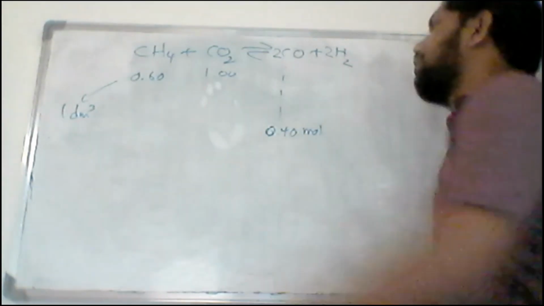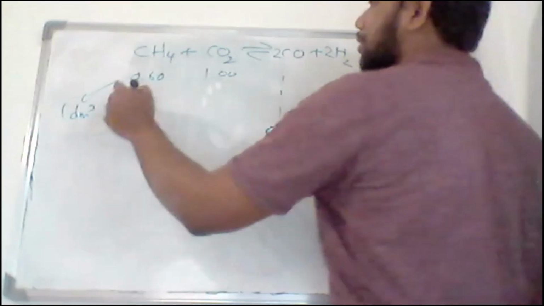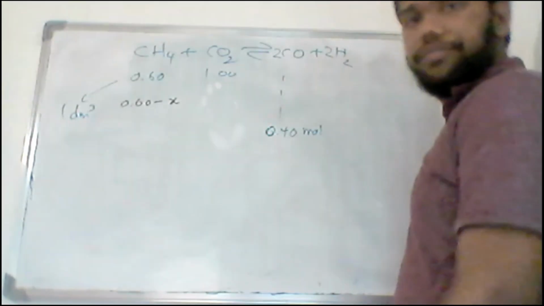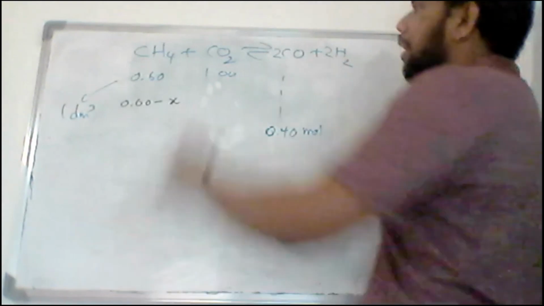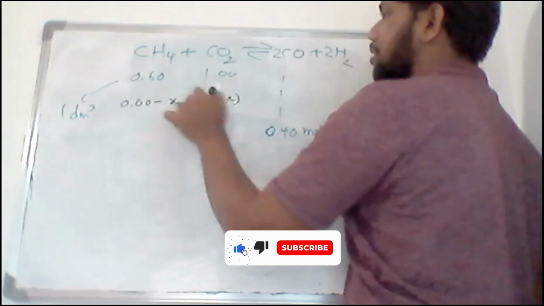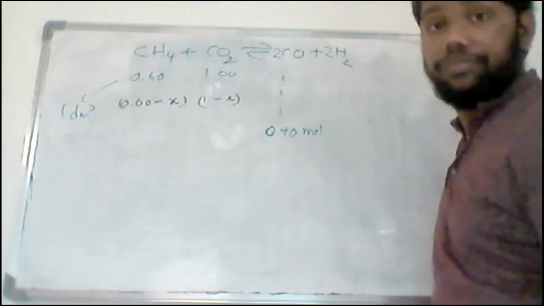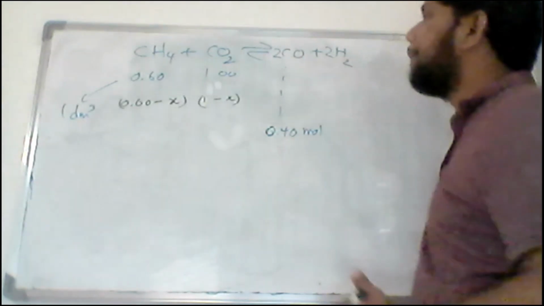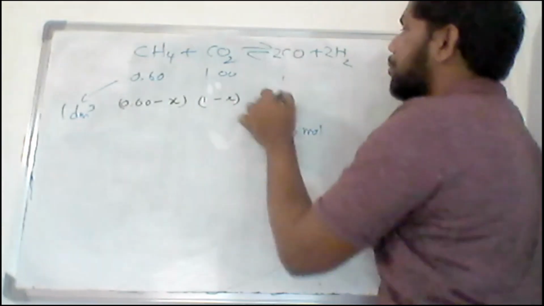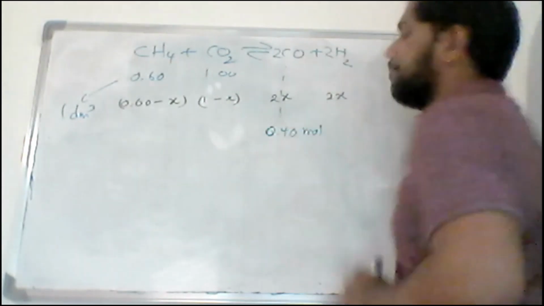If you think this is the initial condition, and X number of moles of CH4 is reacting, then according to the stoichiometry this should be 1 minus X at equilibrium. And if this is minus X that is reacting, there should be this 2X that is formed, and here also it should be 2X.